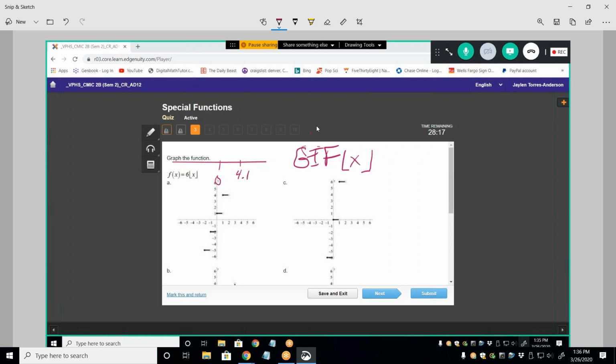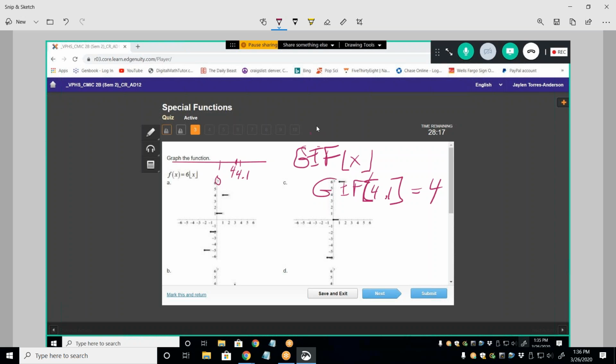In other words, 4.1, there's 4. So you go to the left. So if you had the greatest integer function of 4.1, it would be 4. Just always go to the left on greatest integer function.